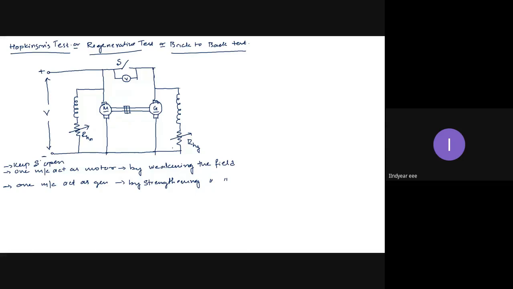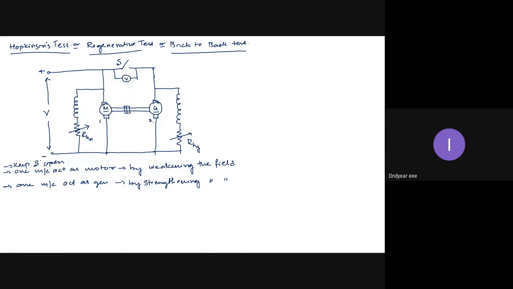So the machines are so connected that when they start producing their outputs, let me take machine 1 and machine 2 for reference. When I make machine 1 operate as a motor, it starts giving out the mechanical output, which is connected to the generator.